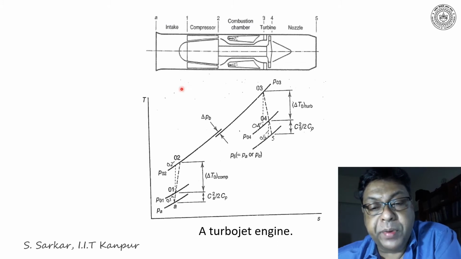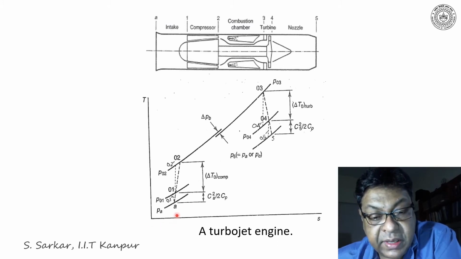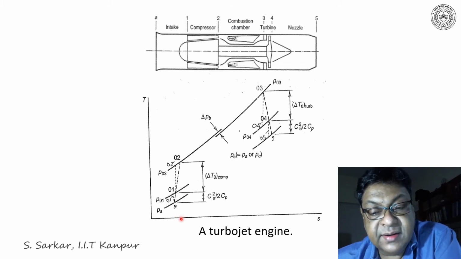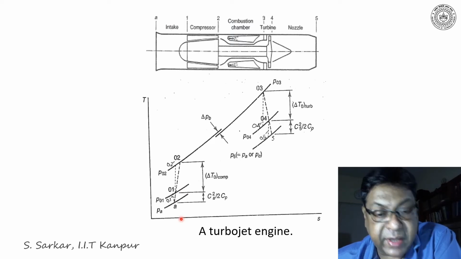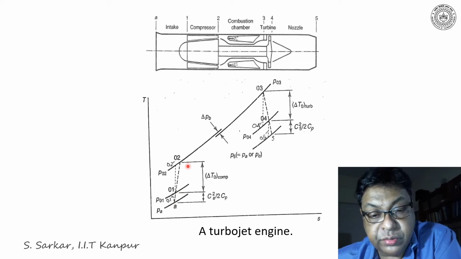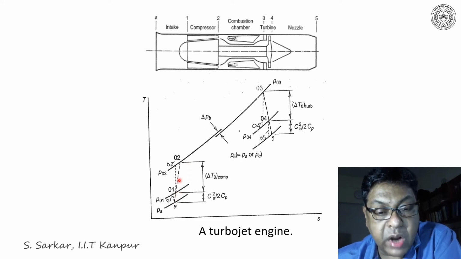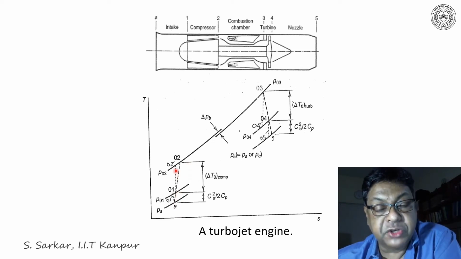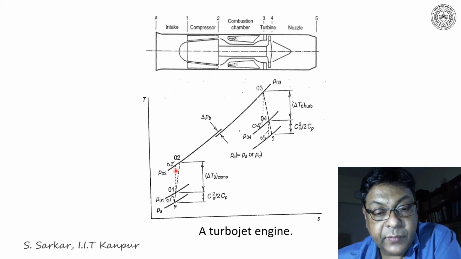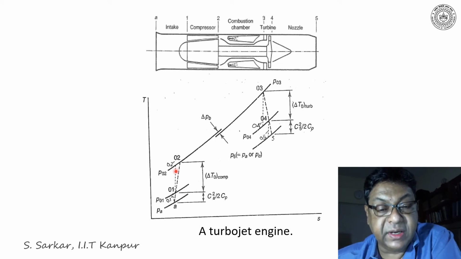With respect to the operating principle, A to 01 is the ram effect in the intake. Then 01 to 02 is the compression of air in the compressor, where 01 to 02 dash is the corresponding isentropic compression.